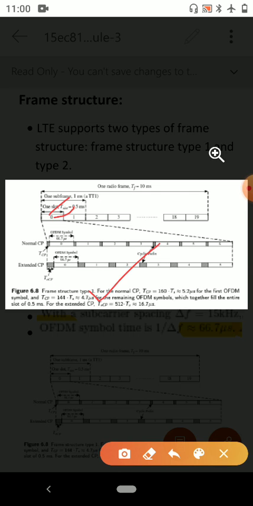Two consecutive slots are defined as a subframe of length 1 millisecond, and 20 slots numbered from 0 to 19 constitute a radio frame of 10 millisecond.